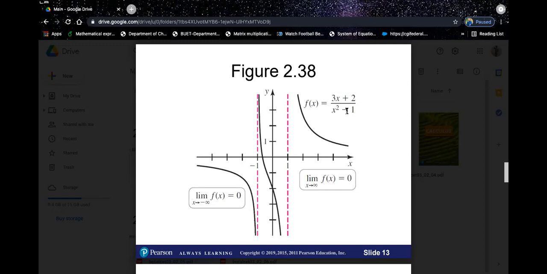So for all real numbers, the denominator will be non-zero. So with that denominator, whatever the numerator is, that rational function will be continuous everywhere. For most cases, I know you will find some values of x for which the denominator will become 0, but there are some exceptions as well.